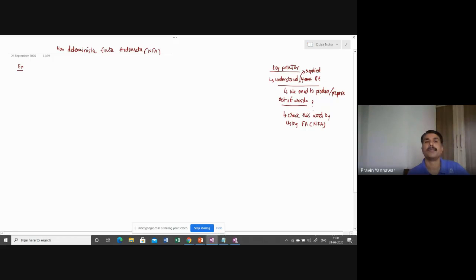If your non-deterministic finite automata prepares the same sort of words as that of the regular expression, then it is correct.